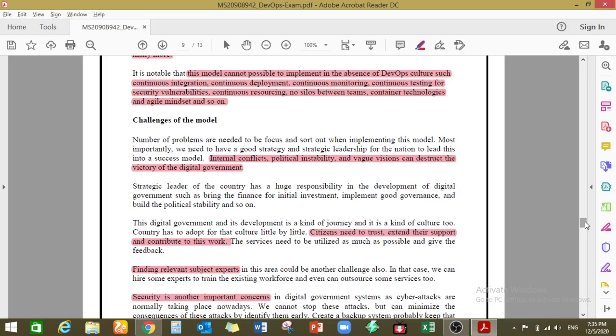And the services which are implemented and available to the public should be utilized as much as possible and feedback given to the relevant party.